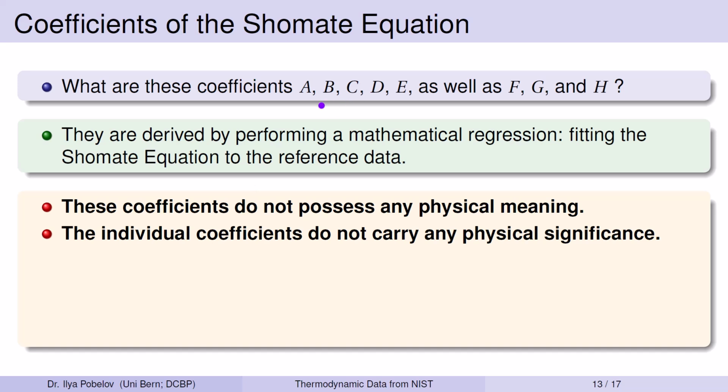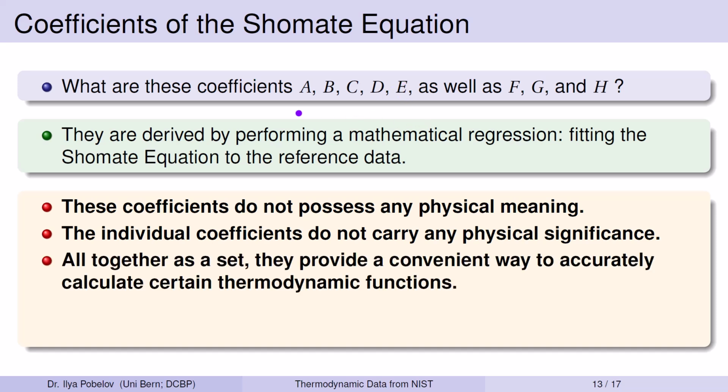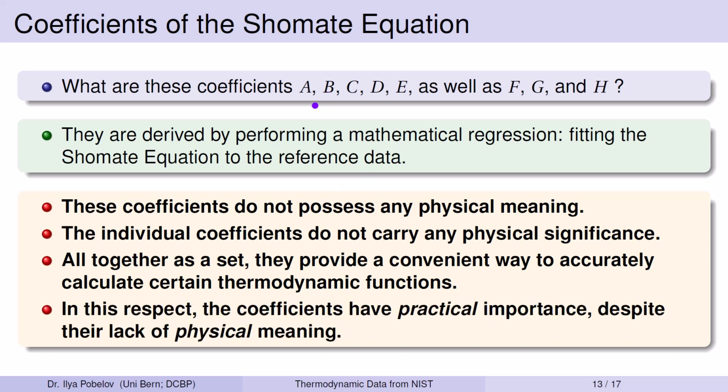The individual coefficients do not carry any physical significance, but altogether as a set, they provide a convenient way to accurately calculate certain thermodynamic functions. In this respect, the coefficients have practical importance despite their lack of physical meaning.